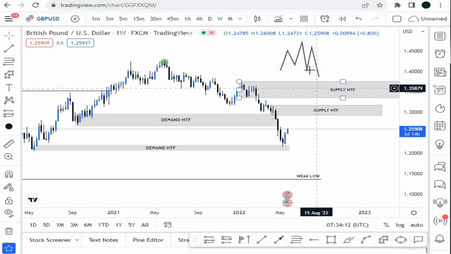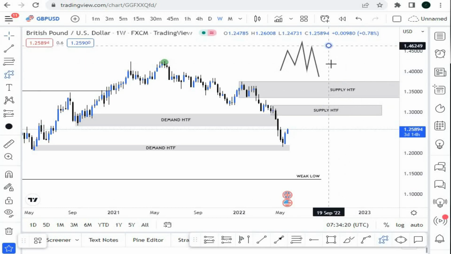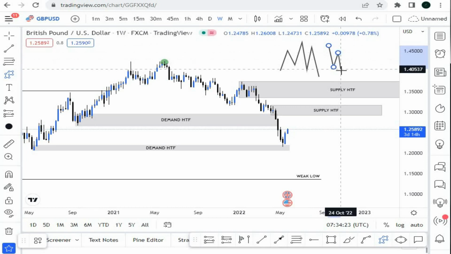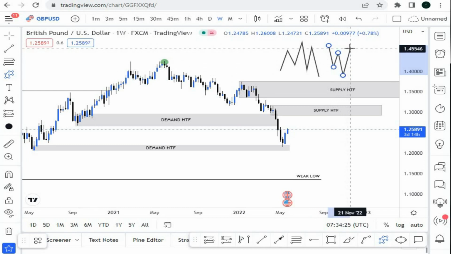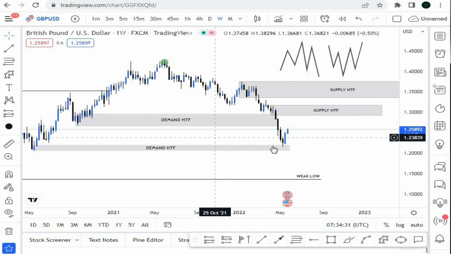If you are looking for shorts, you look for something like this, and if you are looking for longs, you look for something like this. That's when you can validate these supply and demand areas.